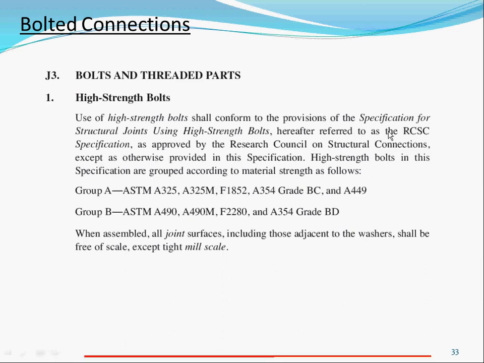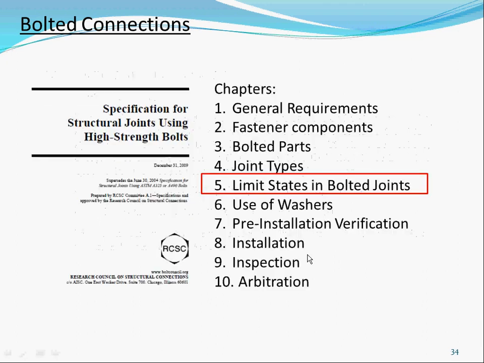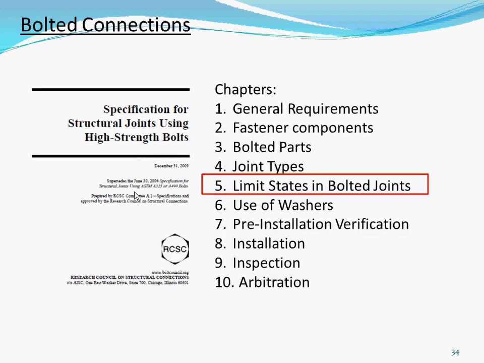For bolts, the reference is to the RCSC, the Specification for Structural Joints Using High-Strength Bolts, like I showed you before. Here are the different chapters in the RCSC, similar to the AWS.